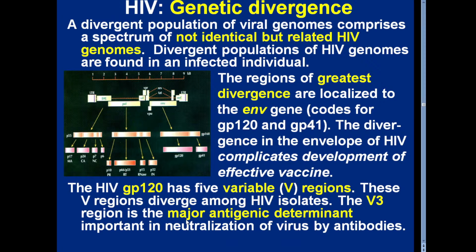It means the viruses are not identical but have related genomes. The greatest divergence is localized in the env genes, which code for glycoproteins gp120 and gp41.